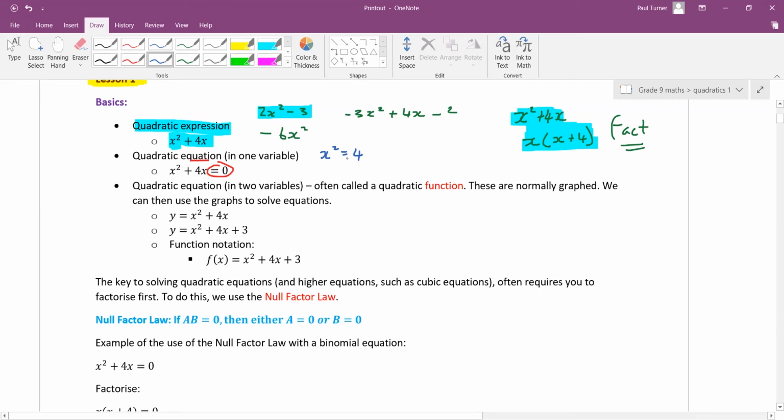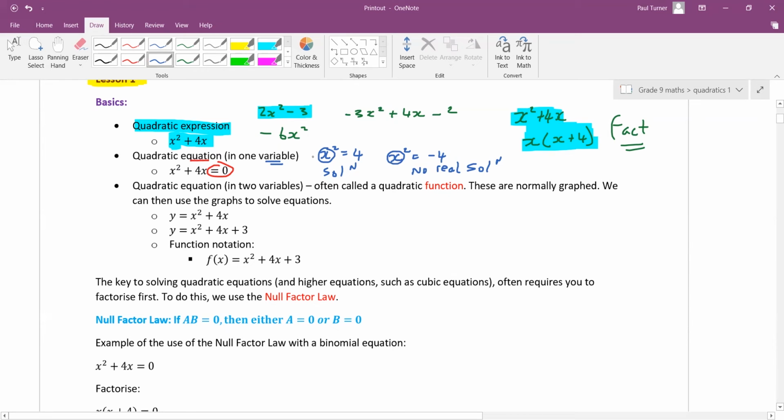So this one will have a solution, but x squared equals minus 4, this won't have a real number solution. So this has a solution, but this one has no real solution, which you'll see later when we come to solving these. So these are equations in one variable, the variable being x, okay, in this case. So this is your variable here.